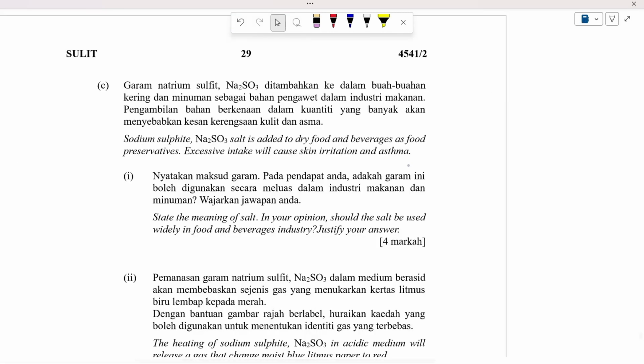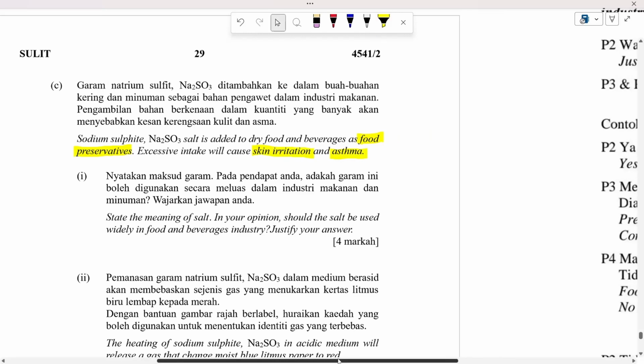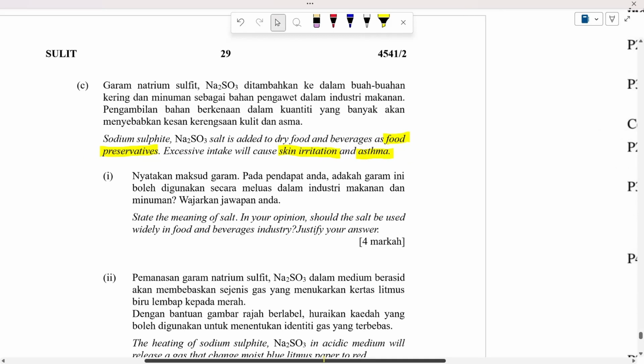C. Sodium sulfite is added to dried food and beverages as a food preservative. Excessive intake will cause skin irritation and asthma. Now first, state the meaning of salt.